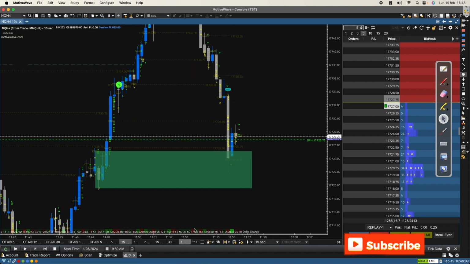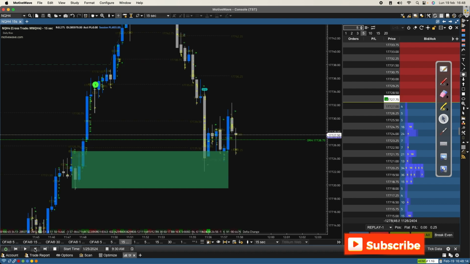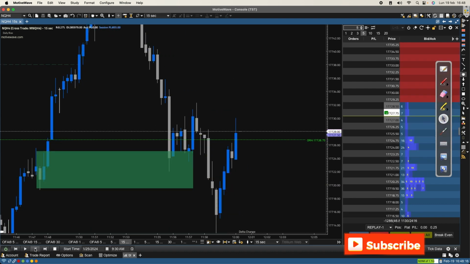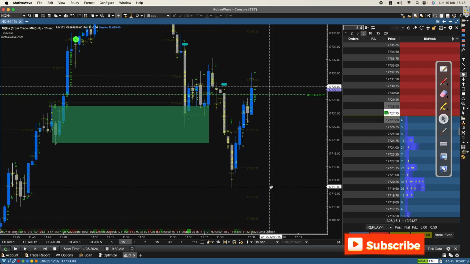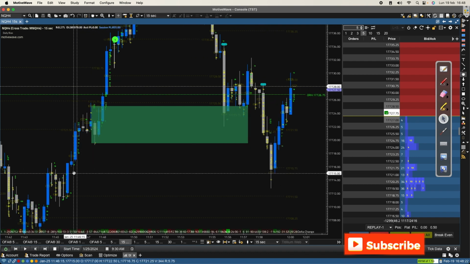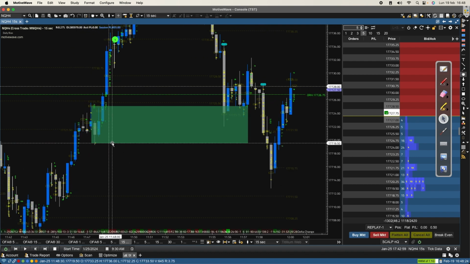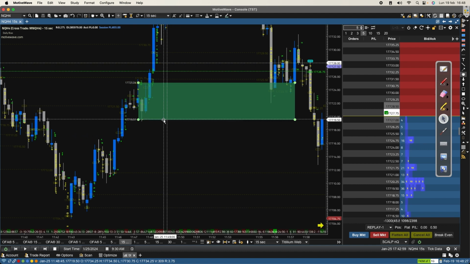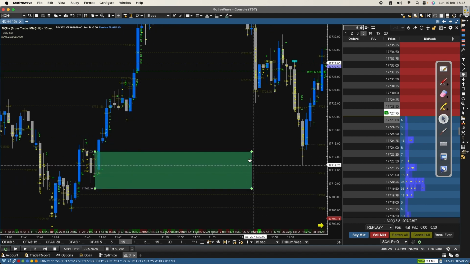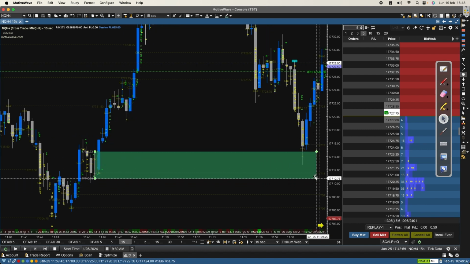So I want to see price trading above this candle. Okay, nothing to do. So guys, yeah, I know the supply worked here, but you know, it was not enough.